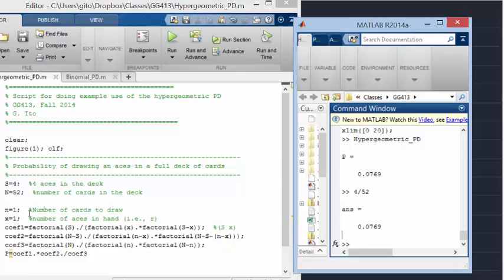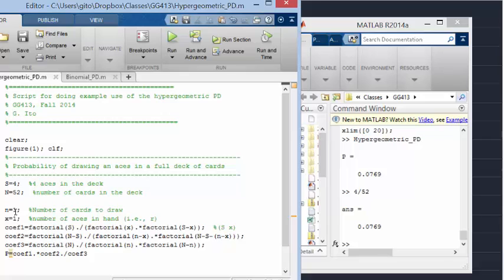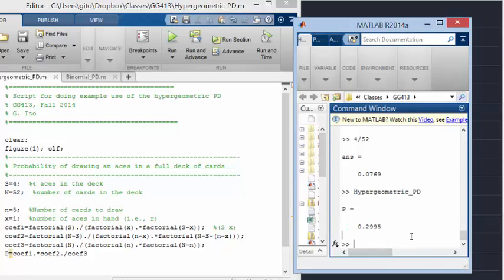So let's look at a situation. Let's say we're playing poker, and we're dealt 5 cards. What's the probability of getting an ace? If we run that, we get about a 30% probability of getting an ace. Maybe that makes sense with your experience: roughly 1 in 3 hands you get a single ace.